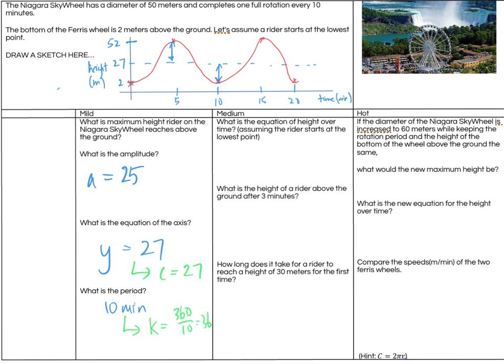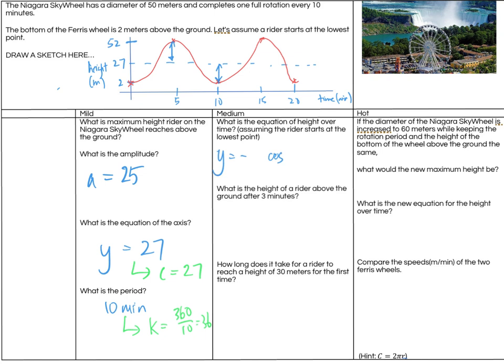Moving over to the medium, what is the equation of height over time, assuming the rider starts at the lowest point? Because the rider starts at the lowest point, I'm going to use the cos function. Normally cos begins at the highest point. Because it's now at the lowest point, I'm going to use y equals negative cos x as my starting point.